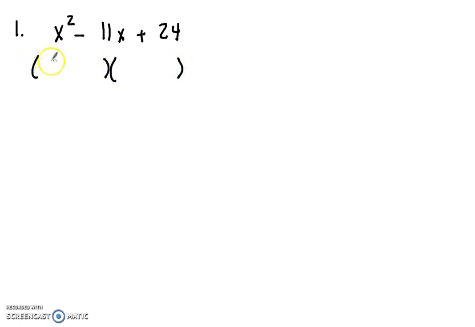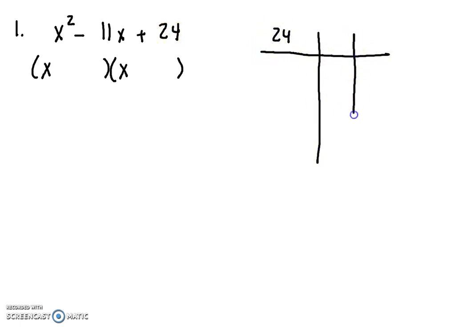And then because it's an x squared, I will put an x and an x here. And then I'm going to factor 24, my last term. So I have 1 times 24, 2 times 12, 3 times 8, and 4 times 6.